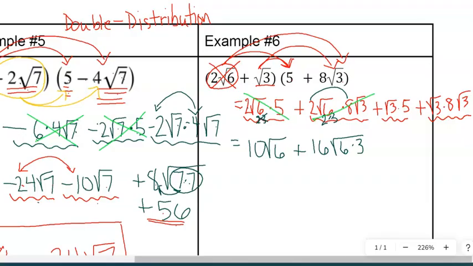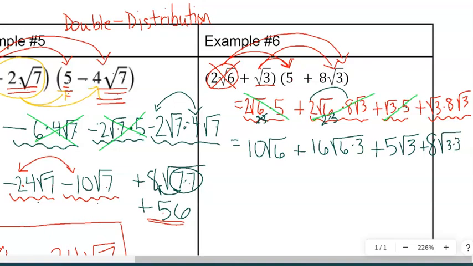Then I have a root 3 and a 5. I can't do anything, but we always write the number outside first. So I'm going to switch the order and put the 5 first. So that's done. Some terms will be quicker than others. And then the last term, I've got an 8 on the outside, and I've got a 3 and a 3 inside.